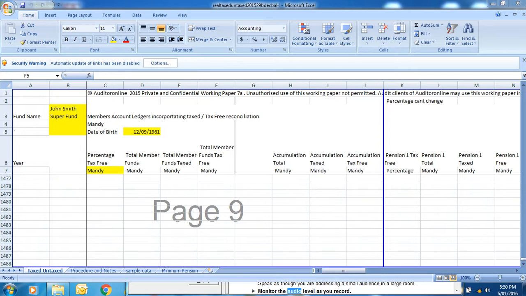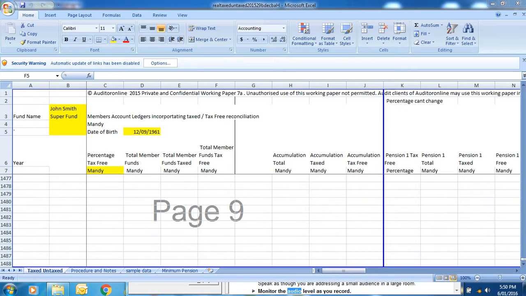Okay, well, in terms of calculating taxed and tax-free components, the very first step is that you need to have a look at the different types of payments that a super fund might receive. What happens if a member makes an after-tax contribution? That'd be tax-free, of course, wouldn't it? That's probably the easiest possible one.